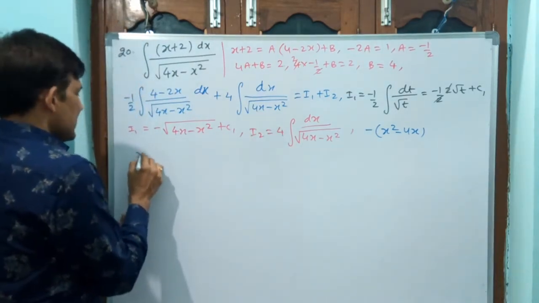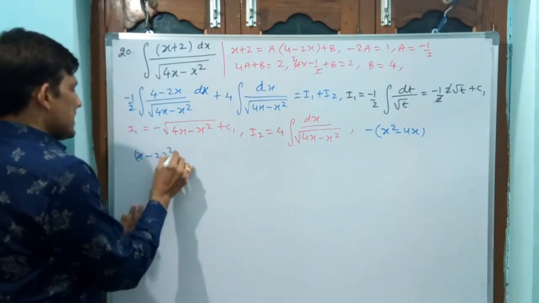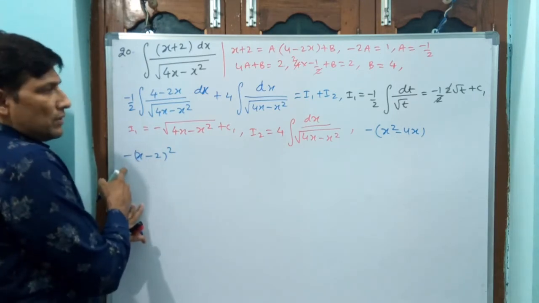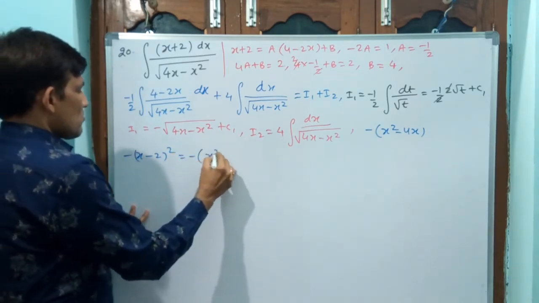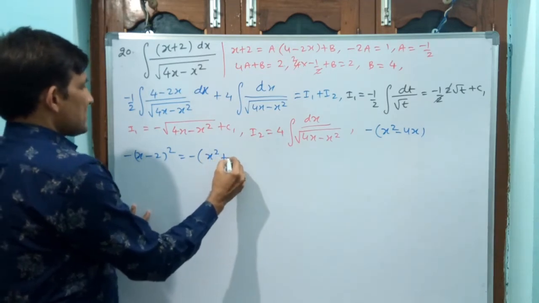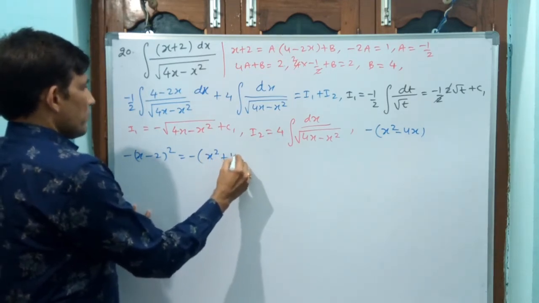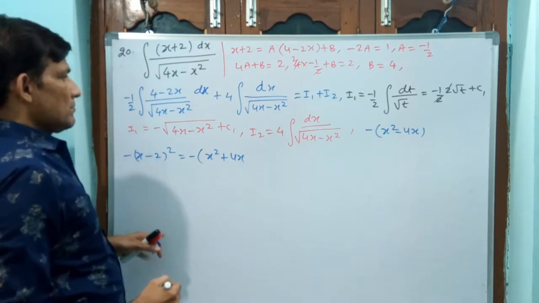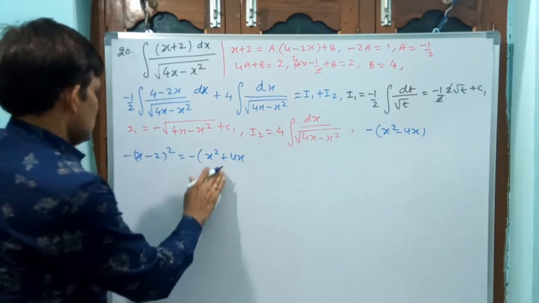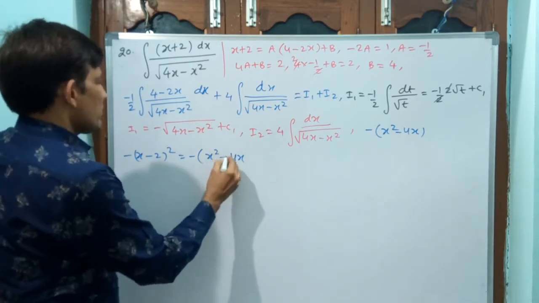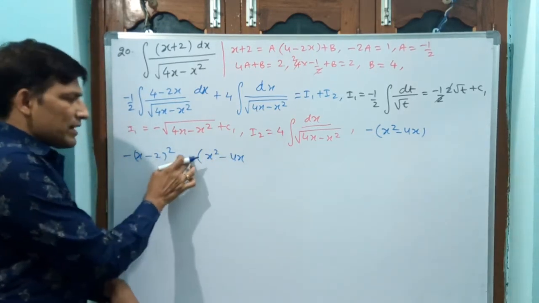See, if I take minus of x minus 2 whole square, then what will happen? That is equal to minus of x square minus 4x. Why? Because minus already I have taken common.